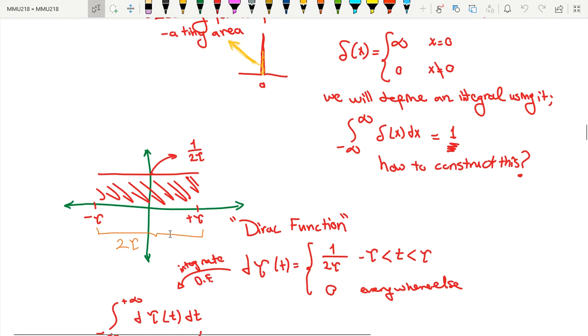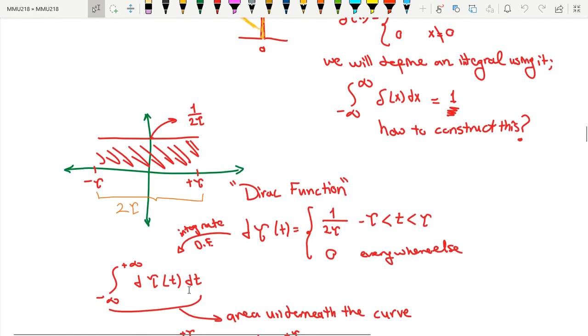I think so, because out of this range, it's 0. When I come to this range, it is 1 over 2 tau. So let's integrate this one with respect to time. Okay, so the area underneath will be my integration. What is represented with the area underneath is what I'm looking for. Right away I can say that since this range is 2 tau, 2 tau times 1 over 2 tau is going to be 1.